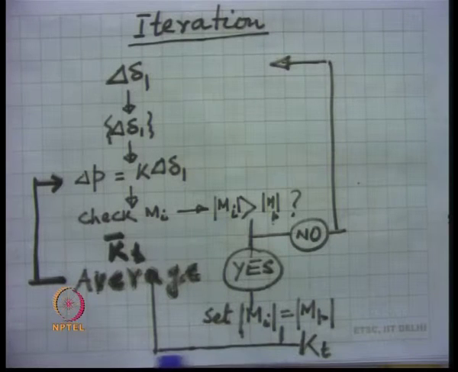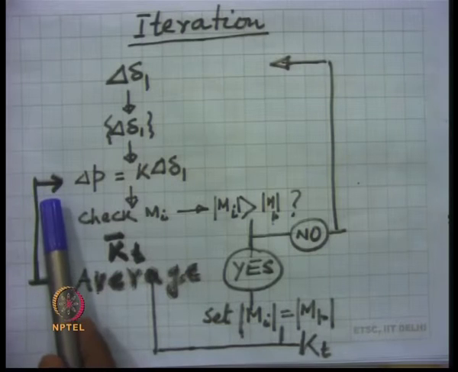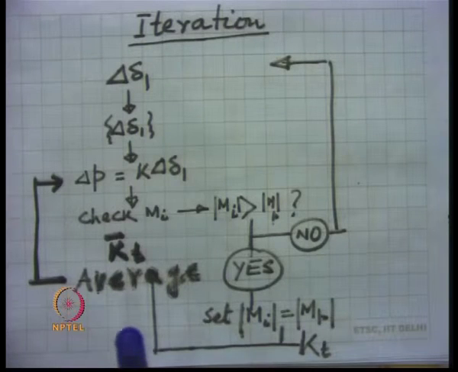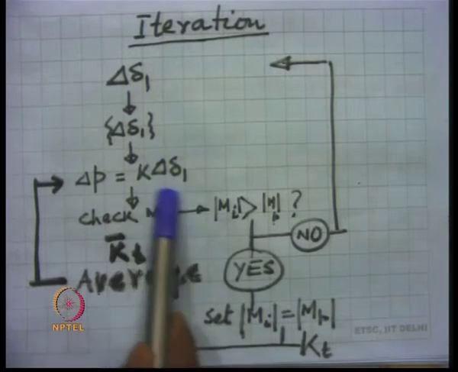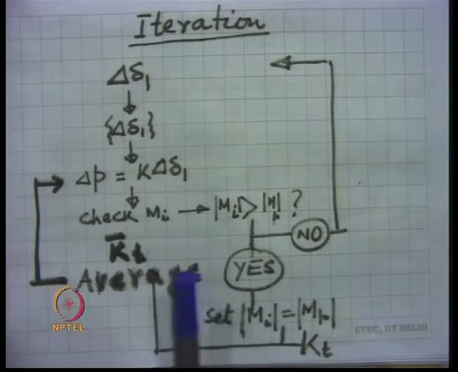After that we find an average stiffness matrix: the stiffness matrix before the increment plus the updated stiffness matrix, added together and divided by 2. With that average stiffness we now calculate delta p, the load increment for the incremental displacement delta 1 that we have considered.